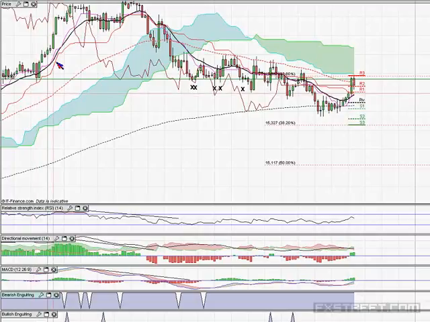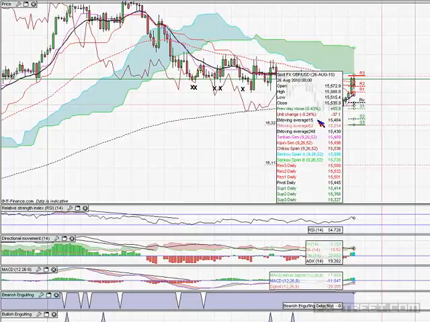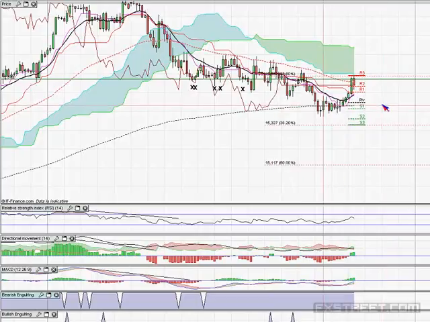Obviously when they spread out, when the trend is to the upside, that's showing a strong trend, and I'll take note of that. But I'm not worried about crossovers. What I'm worried about is support and resistance. I'm looking for price action, and I'm looking for chart formation to get me in and out of trade.